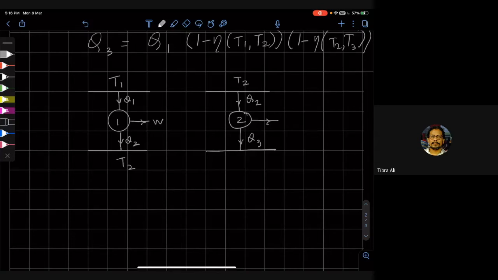I don't think the work has to be the same. So this work is W1, and this work is W2. Okay, and this is T3. So what is important here is that this Q2 is equal to this Q2.